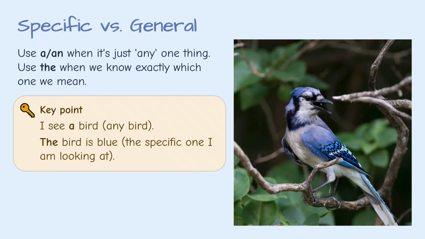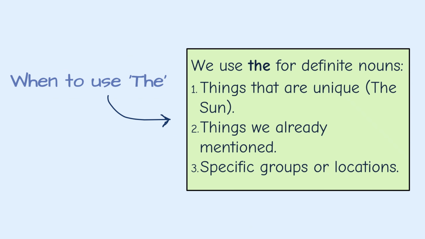In this sentence, we know which bird we're looking at, therefore we used the article the. We use the for definite nouns, like things that are unique. For example, the sun, or the things that we already mentioned. And for specific groups or locations.